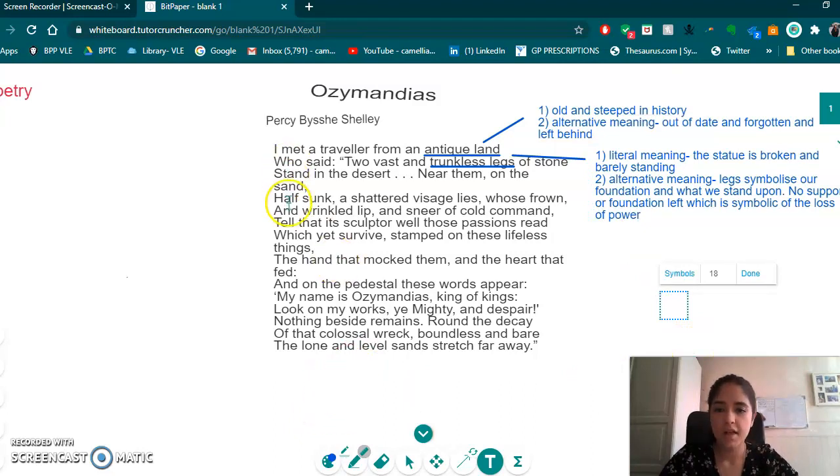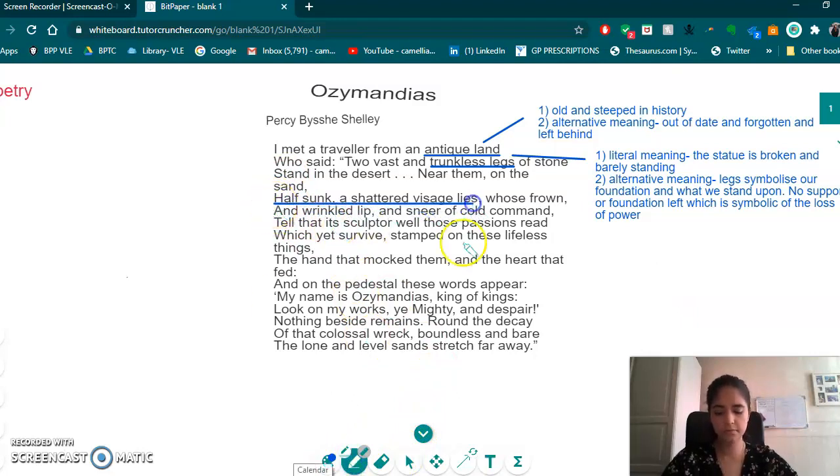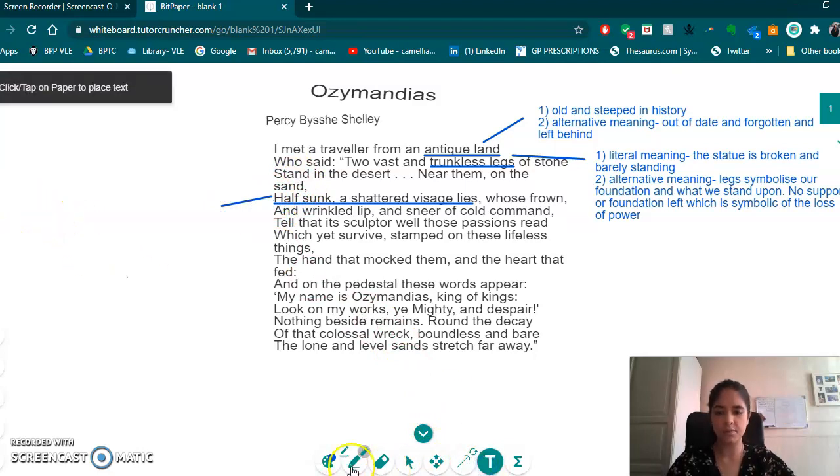Then you get half sunk, a shattered visage lies. So here you have another powerful imagery. So that would be the technique here.